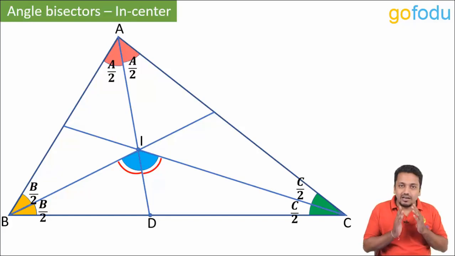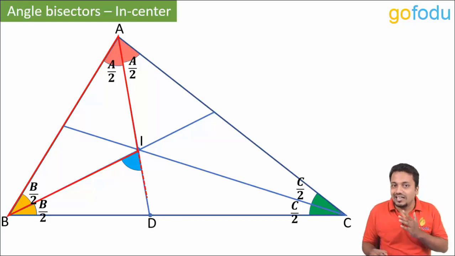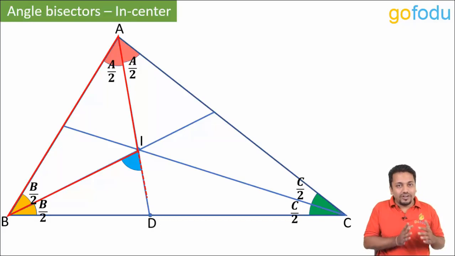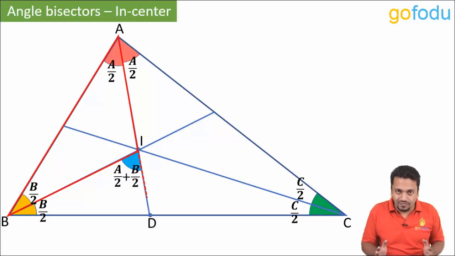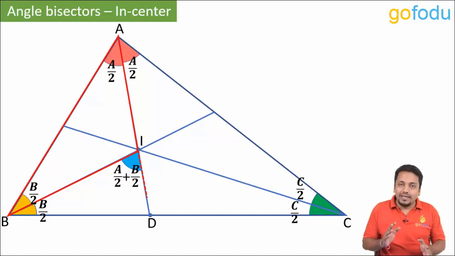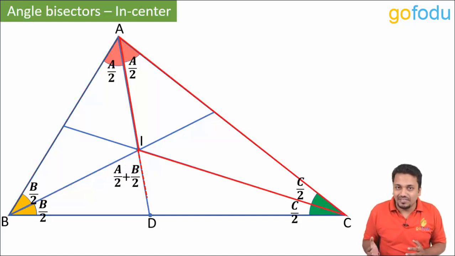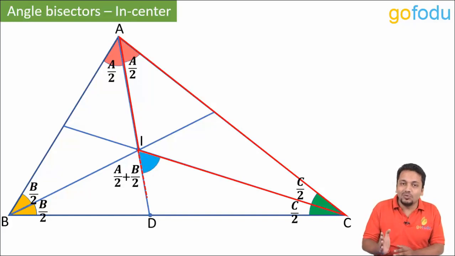First, let's take angle BID, which is the exterior angle for this triangle BIA. Now this exterior angle will be equal to the sum of interior opposite angles A by 2 and B by 2, right? Angle BID is equal to A by 2 plus B by 2. Similarly, in this triangle CIA, this exterior angle CID will be equal to A by 2 plus C by 2.